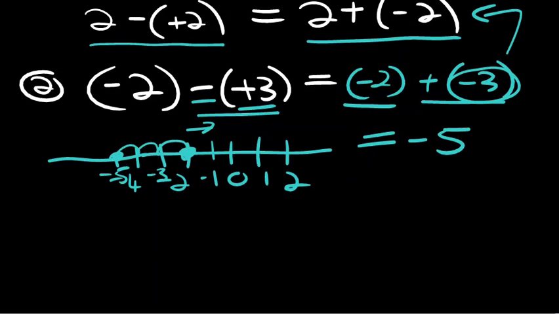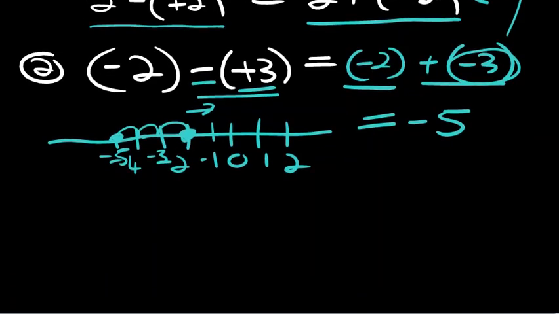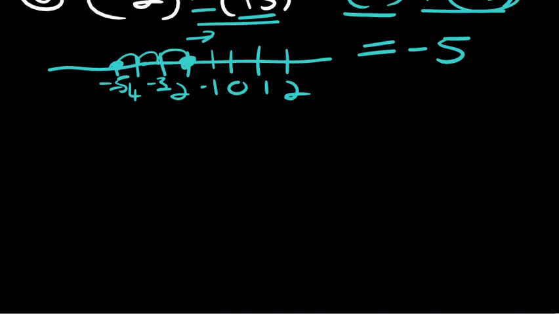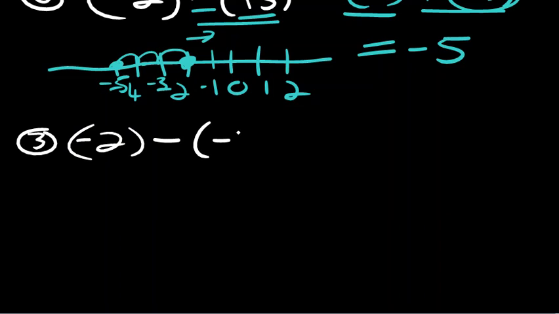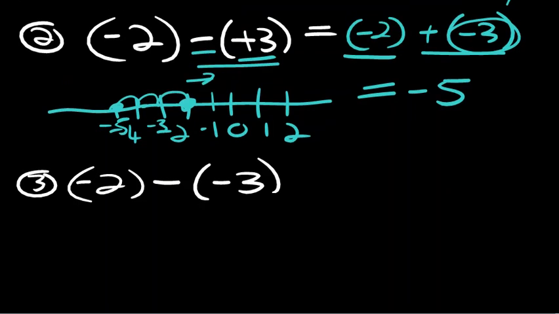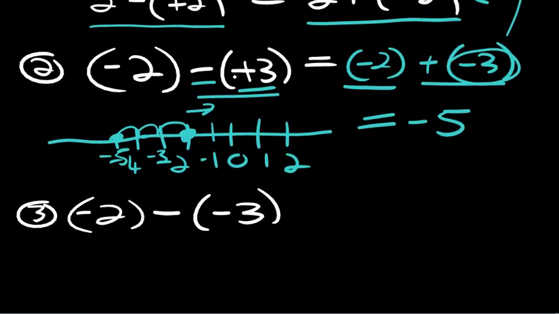Let's look at another example. Okay, so let's say you have negative 2, and this time we have subtracting negative 3. Now first of all, you probably noticed that subtracting positive 3 is the same as adding negative 3.